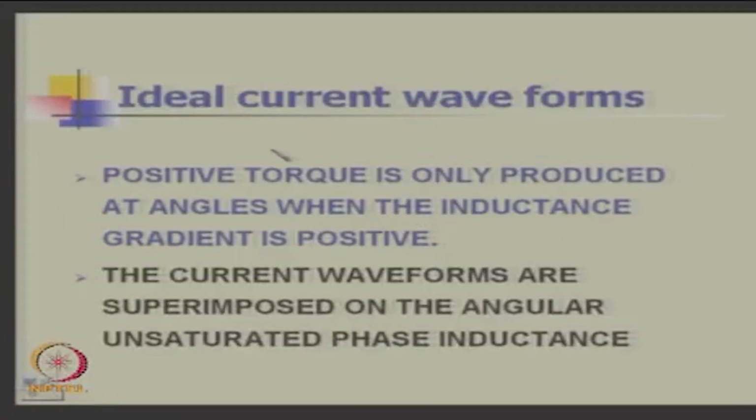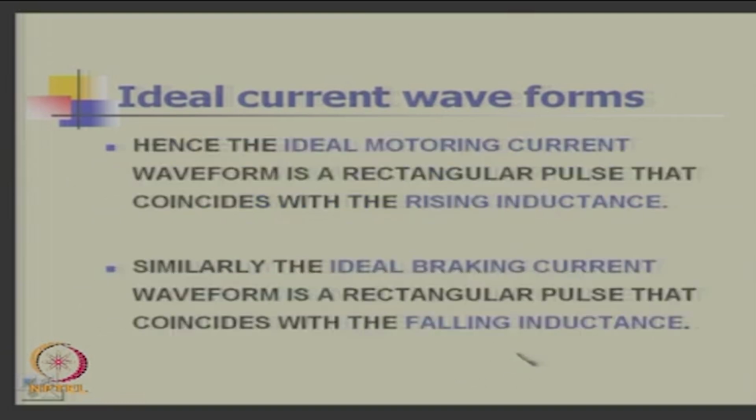So what we mean is a positive torque is produced at angles when the inductance gradient is positive, with current waveforms superposed on the angular unsaturated phase inductance. So the ideal motoring current is rectangular with rising inductance, and the ideal braking current is rectangular with falling inductance. We are repeating the same thing, okay.